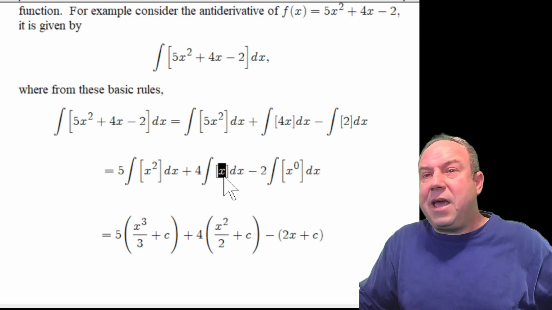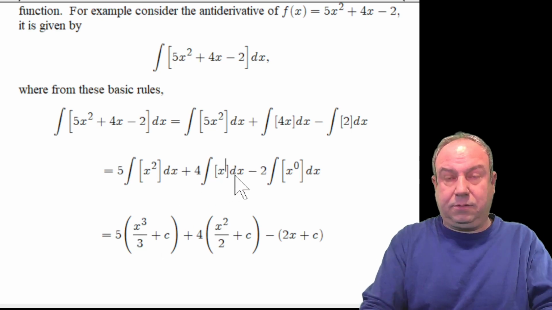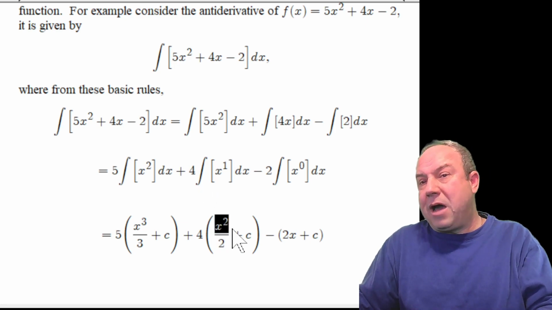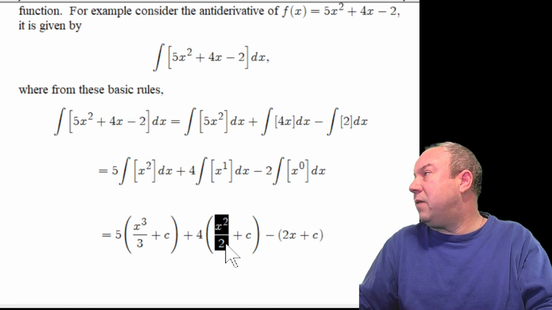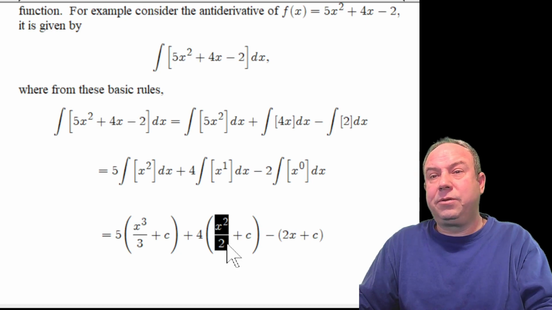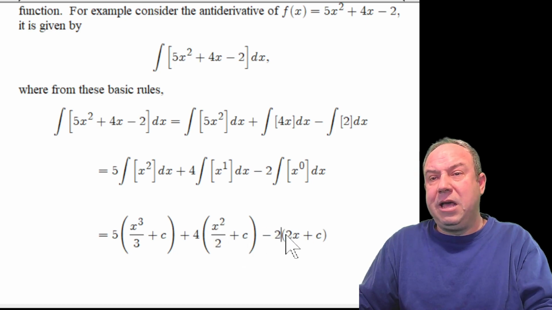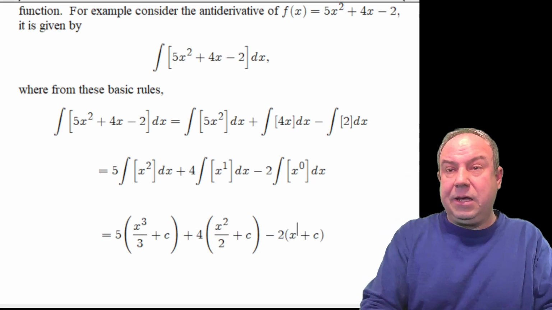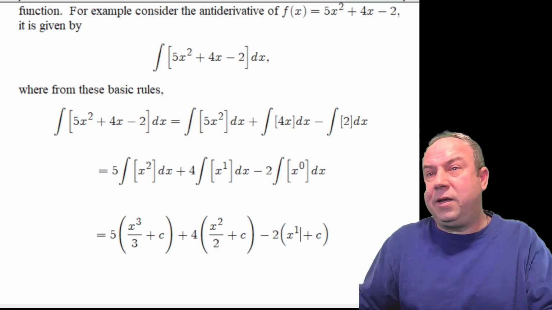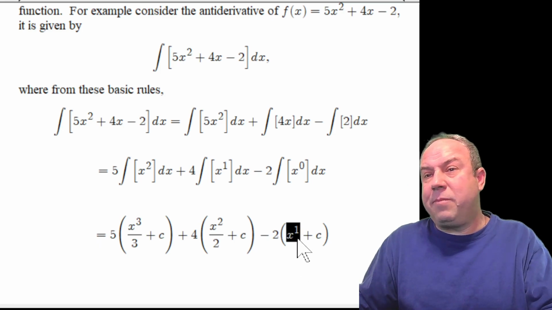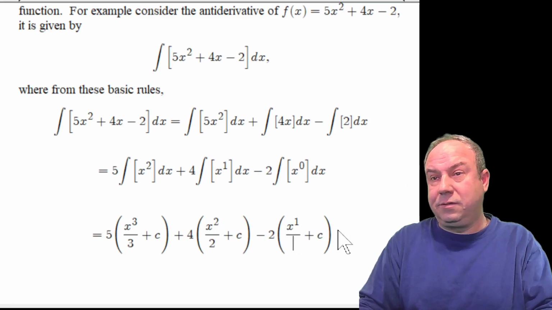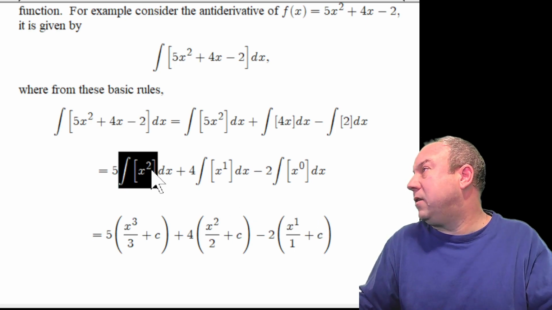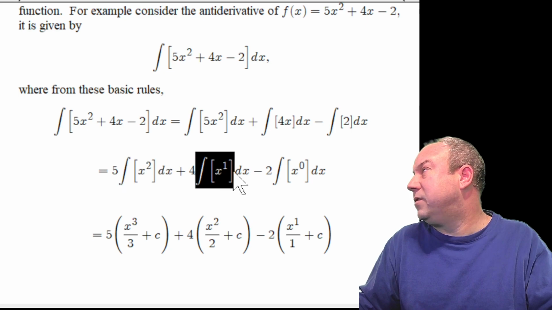And this x to the, we'll point out, first power is going to bump up by 1 to 2, and we're going to divide by that new power of 2. Right? And this third one is going to bump up to the power of 1, and we're going to divide by the value of 1. Using a little bit of our power rules to calculate each of these antiderivatives.